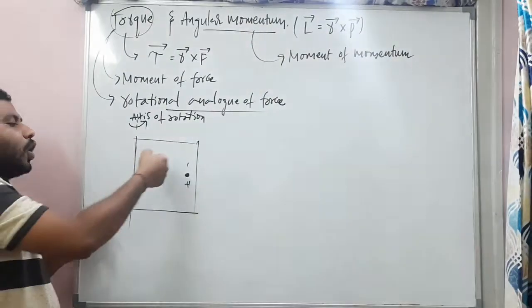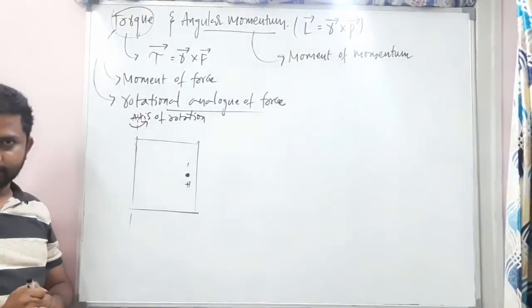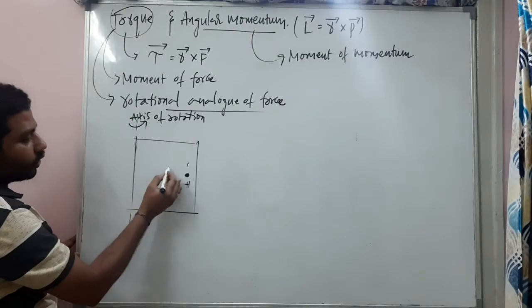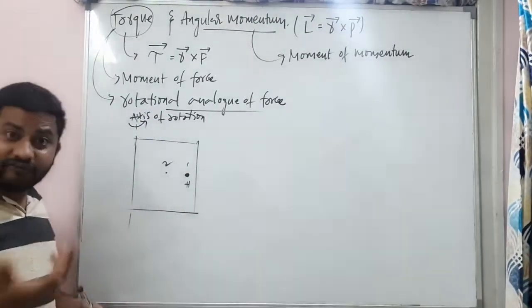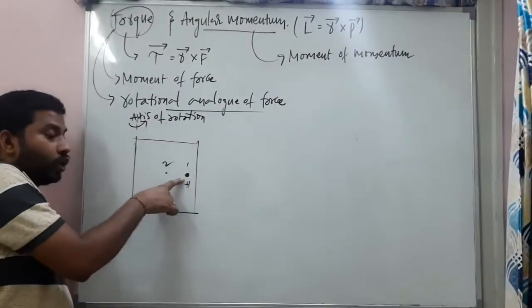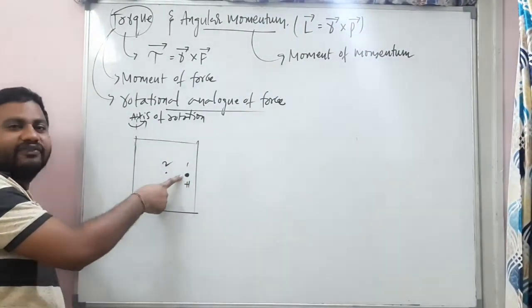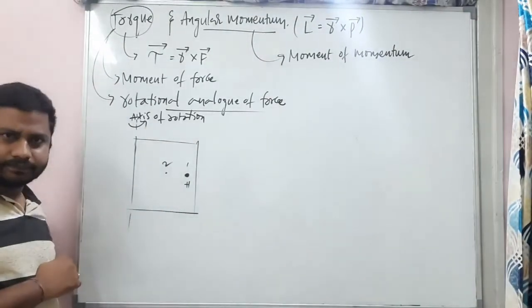To open the door, less force is required at the far point. Imagine a situation: the second position of the handle. Suppose 10 Newton force is applied at the first point, and the same 10 Newtons is applied at the second point.